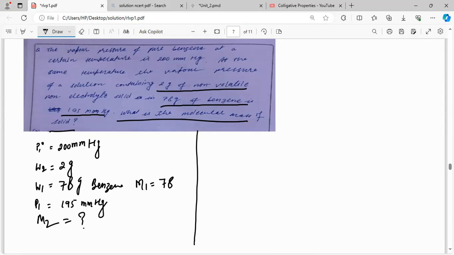M2 equal to 100. Do it fast. Where are you writing? It's not visible.